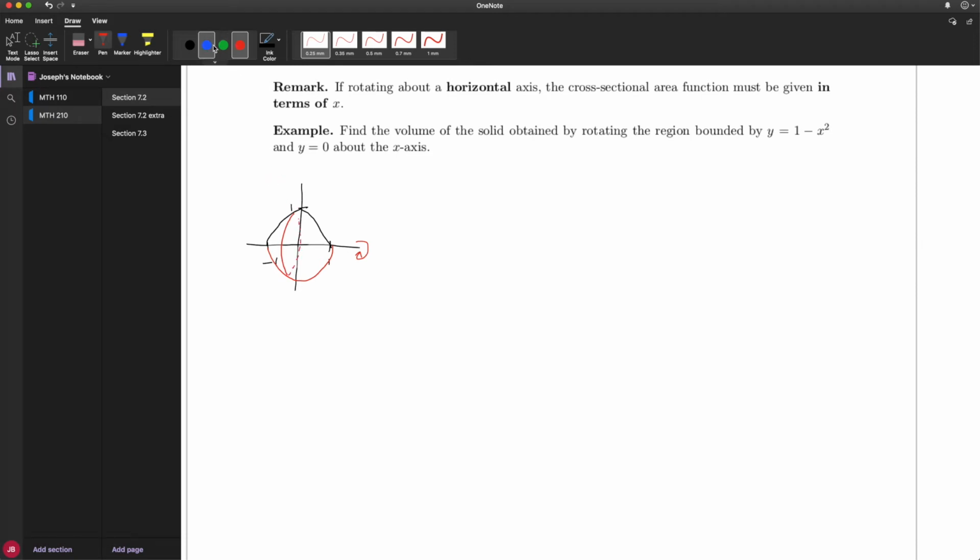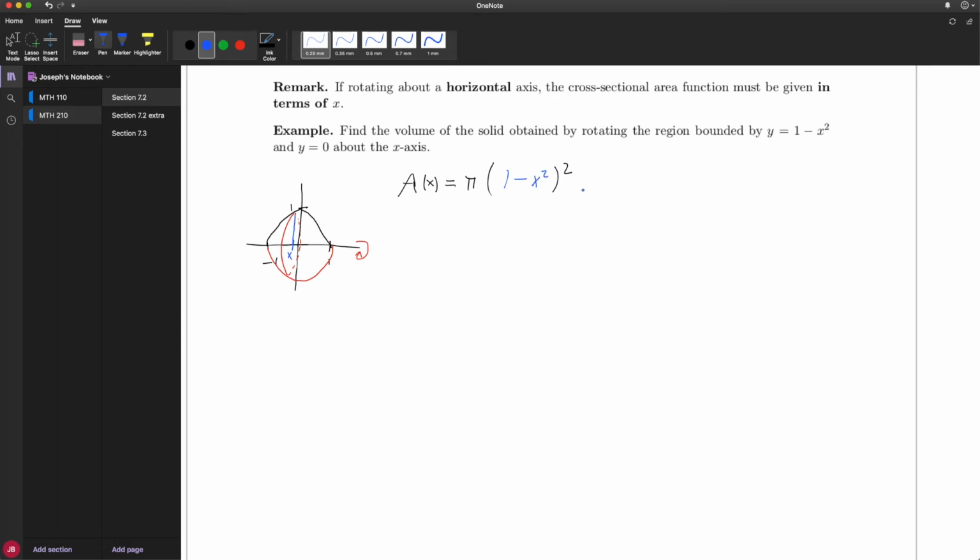Okay, so for any x value now in this x range minus 1 to 1, we need to find the radius of this disk. Right? So our cross-sectional area A of x is going to be pi times r squared, and we look here and our radius looks to be exactly the height of the function, which we know is 1 minus x squared.